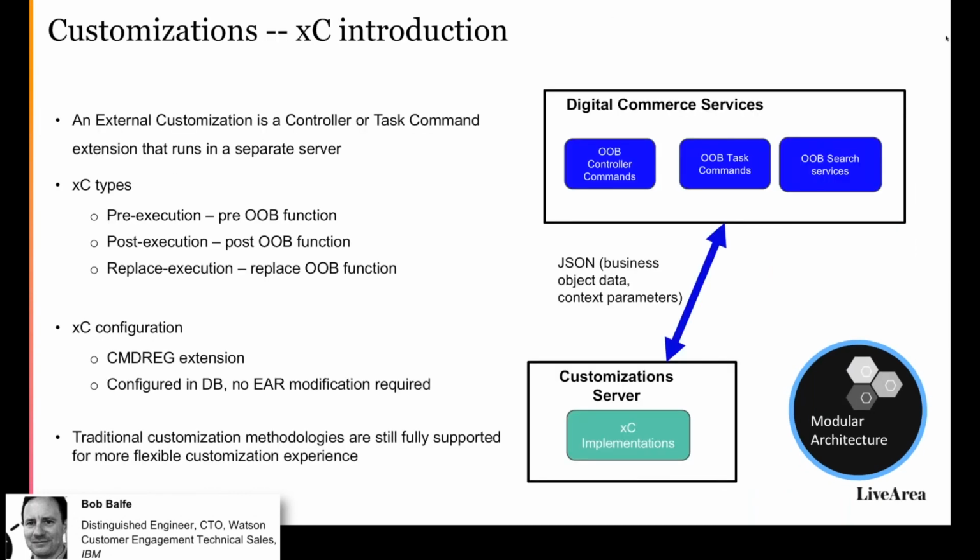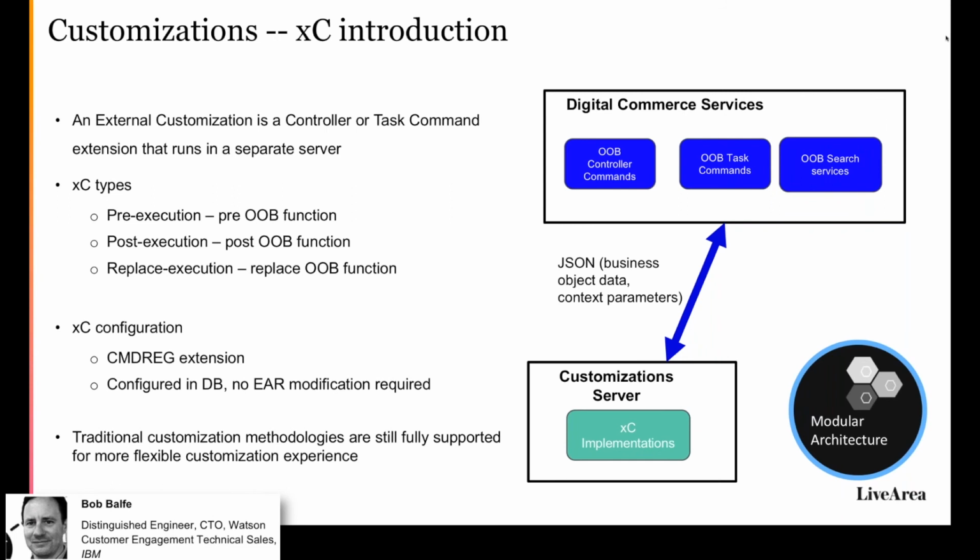All right, let's keep going. I want to cover the customizations in some detail here, because I think it's very cool the way that we've structured the external customization. It's basically a controller or task command extension that runs in a separate server.